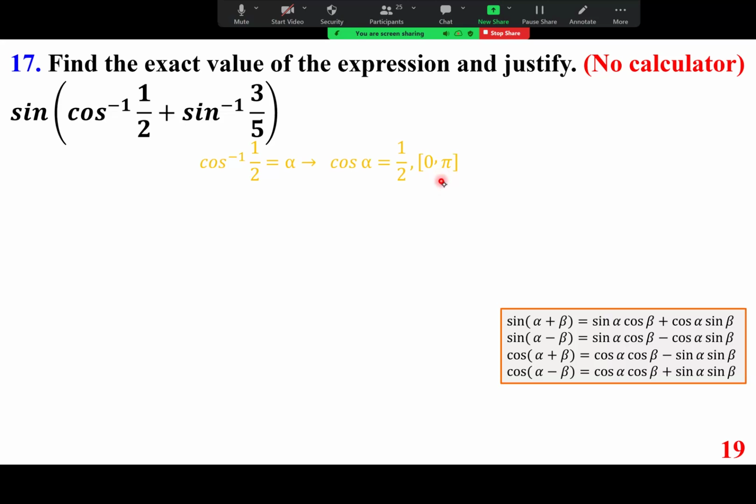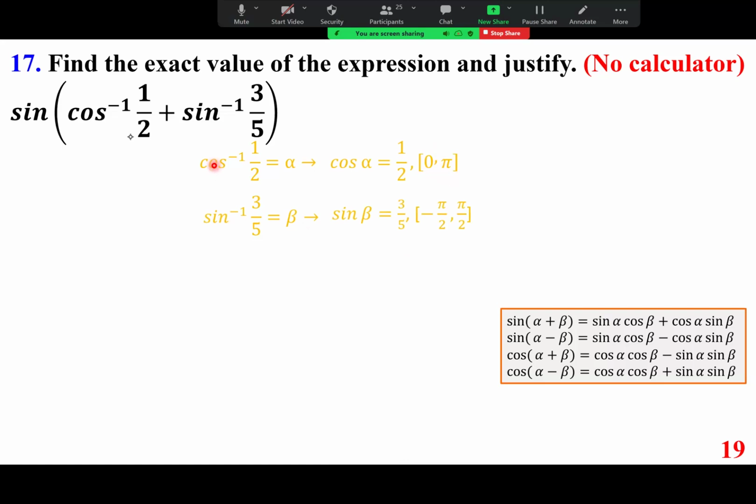Remember the restriction on cosine inverse. Sine inverse of 3/5 equals beta. That means the sine of beta must be 3/5, and it's in the first and fourth quadrant from minus pi over 2 to pi over 2. This is because of the restriction on sine inverse. This is because of the restriction on cosine inverse.